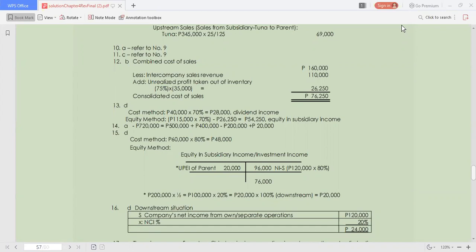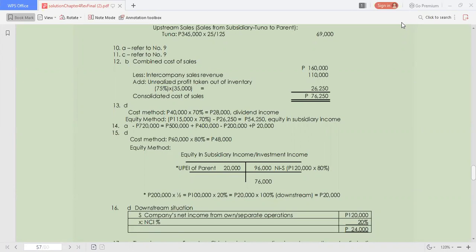Use the following information for questions 12 and 13. The corporation acquired a 70% interest in WeSol Corporation on January 1, 2005 when WeSol's book values were equal to their fair values. So in other words, there are no over or under valuation.